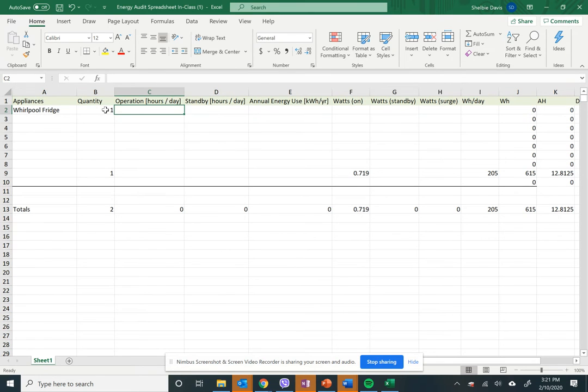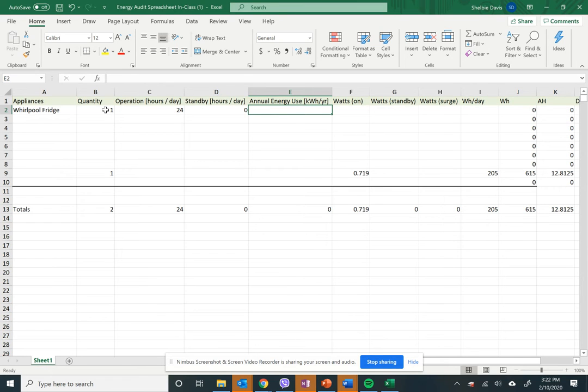All right, and then operation hours per day. All the time, 24 hours a day. Standby means that it's not pulling full power. So like I said, standby would be your computer that doesn't turn all the way off. There's no standby for a fridge. It is always on. So you could say 0 hours a day for standby.